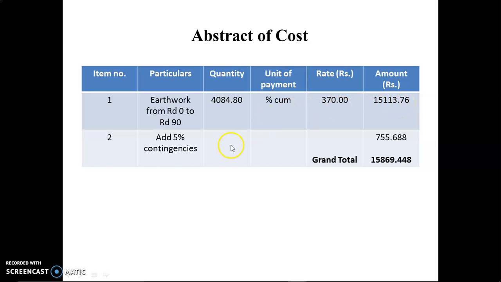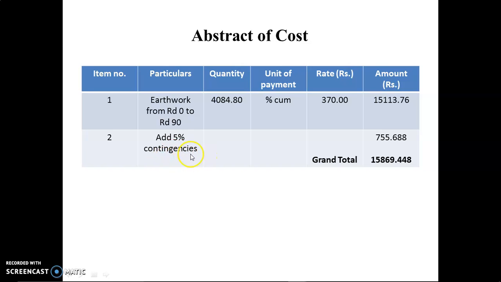Here we get the amount as 15113.76. Now we have to add some contingencies also. Here we divide this contingency in two parts. Actually we take 3% as contingency and 2% as work establishment charge. This work establishment charge term was already discussed in our previous lecture. This charge is considered as a lump sum charge because from this charge we pay salary to the supervisor, watchman and persons of different designations.